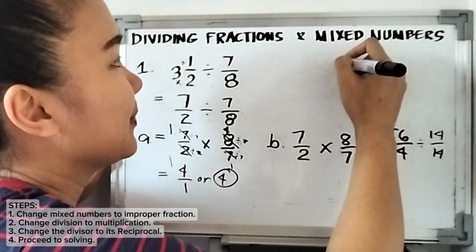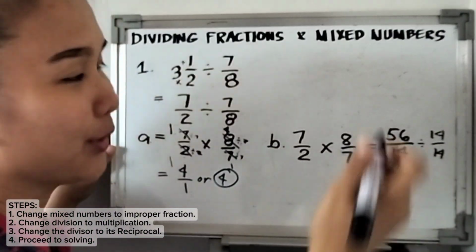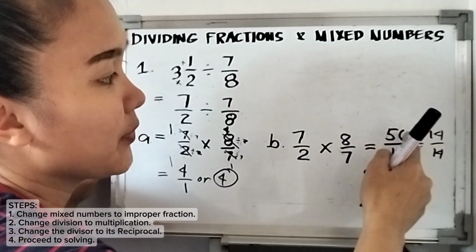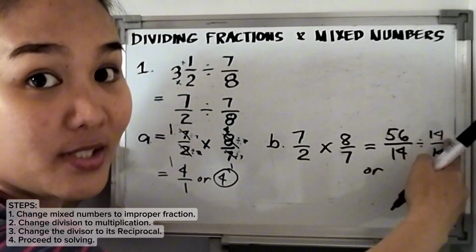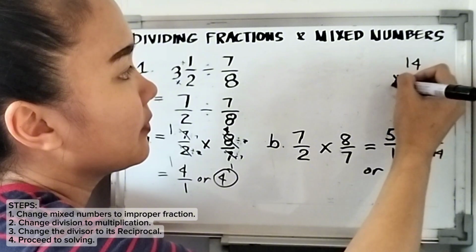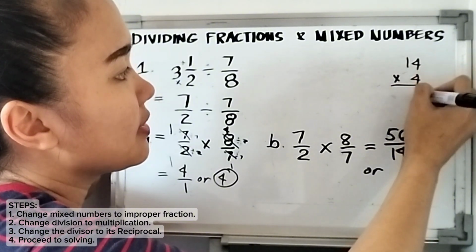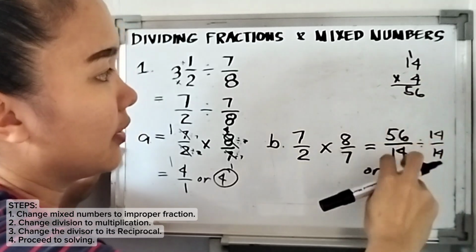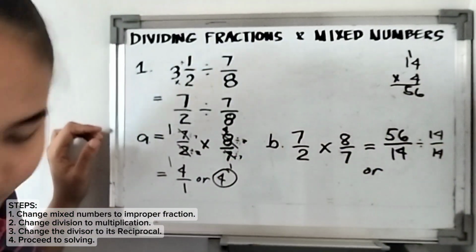Let us do that. Well, it's 4. To check that, 56 divided by 14 equals 4. Because, let's try to see. 4 times 4 equals 16. 4 times 1 equals 4, plus 1. So that's 56. Alright.